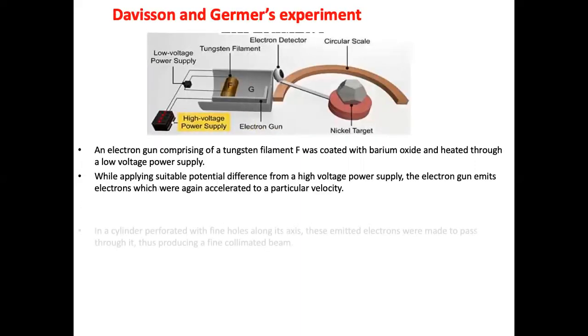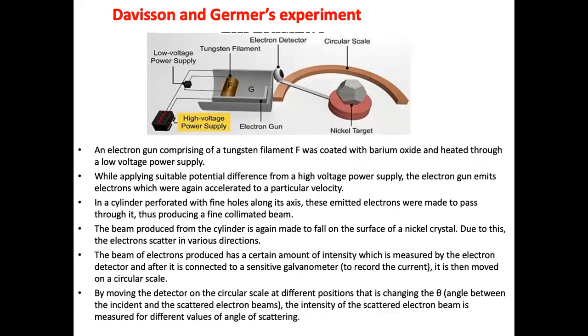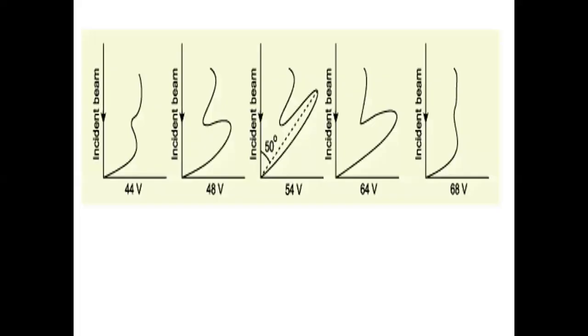Now we verify the dual nature of electrons by taking some graphs. These graphs are known as polar graphs. We plot polar graphs between intensity and the potential applied by the high tension battery.